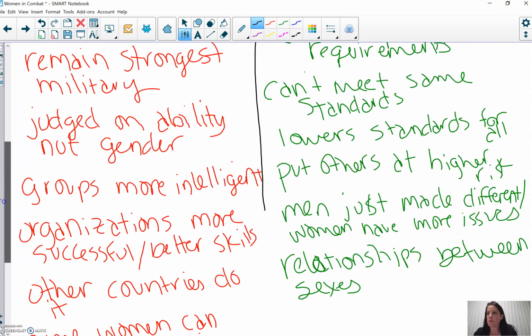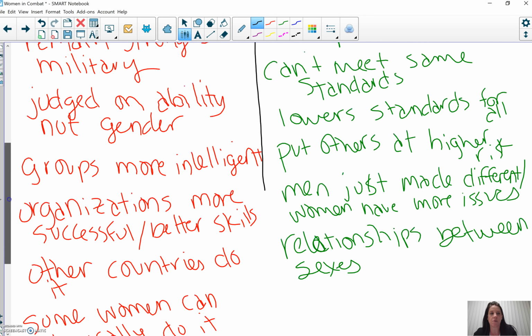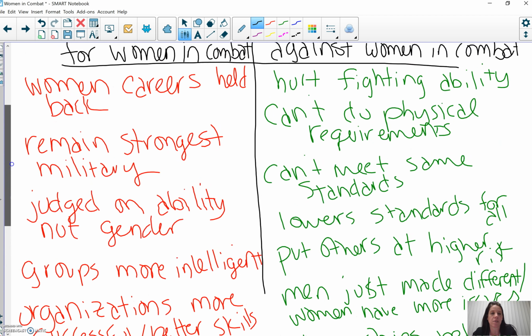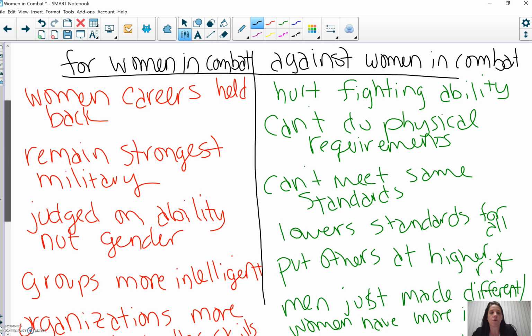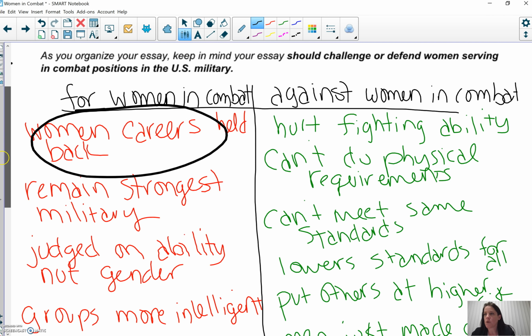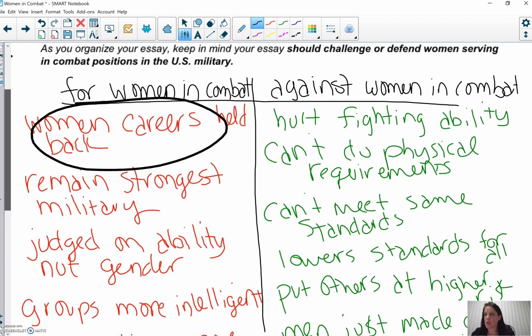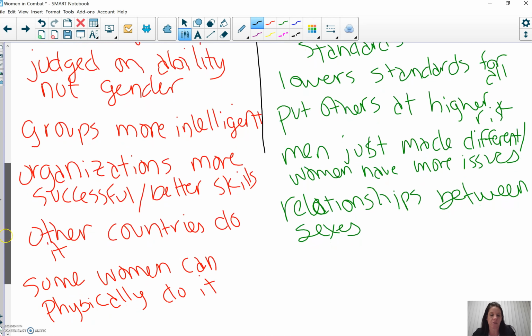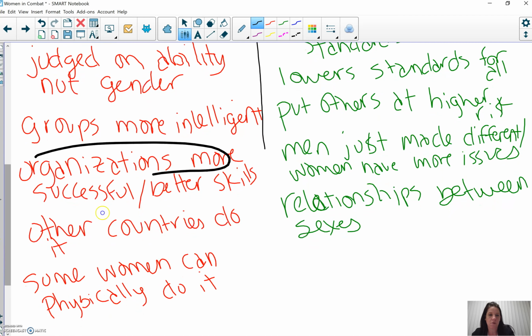So as I look through these, the 3 that stand out to me that I think I can give some good evidence for and have some solid reasoning for is that we don't want women for their careers to be held back. So we're going to put that as one of our C's in our SIR. We want to make sure that this idea that when women are present, groups or organizations are more successful.